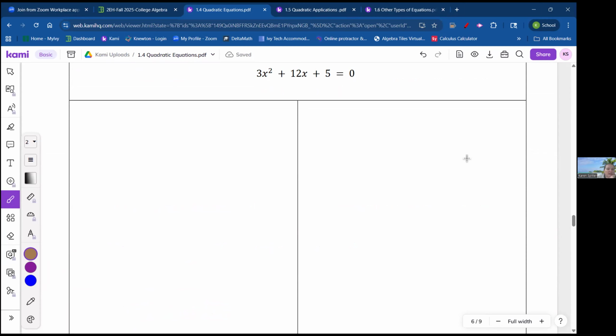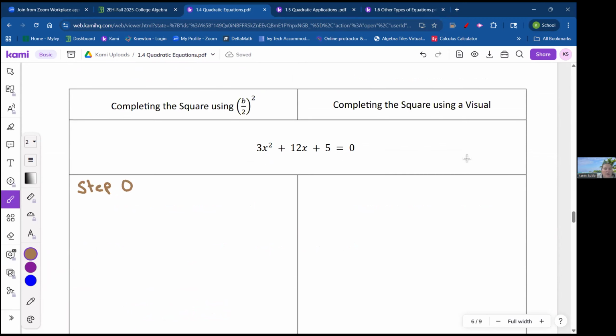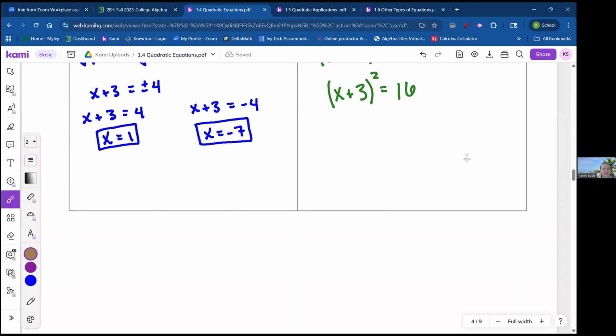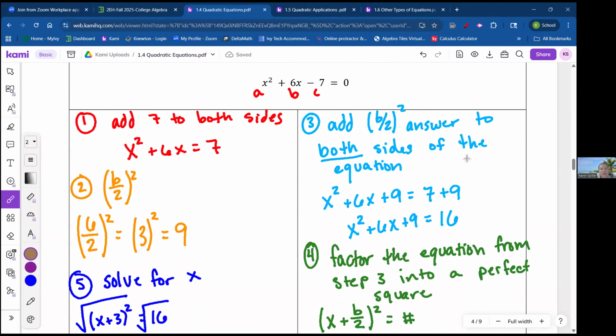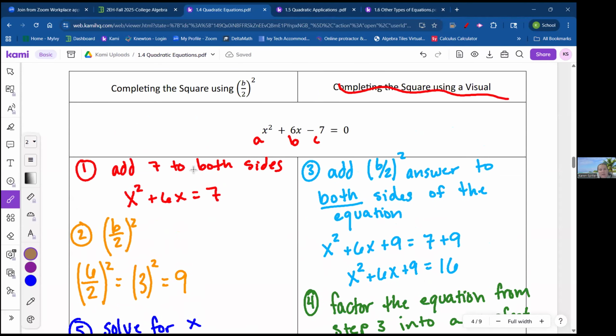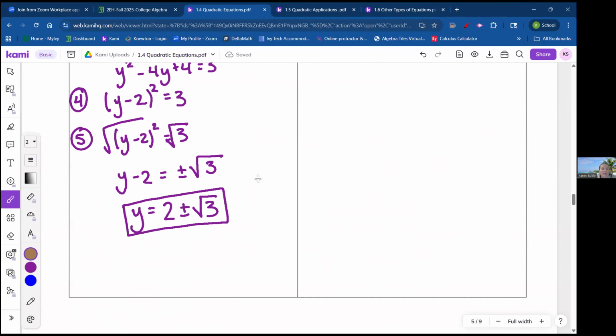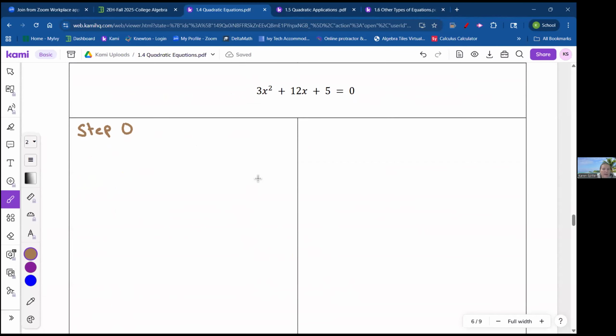Step 0 here is I have to make the x squared equal to 1. Whereas with the purple and the multicolored intro, we started with step 1. Well, we need step 0 in here.